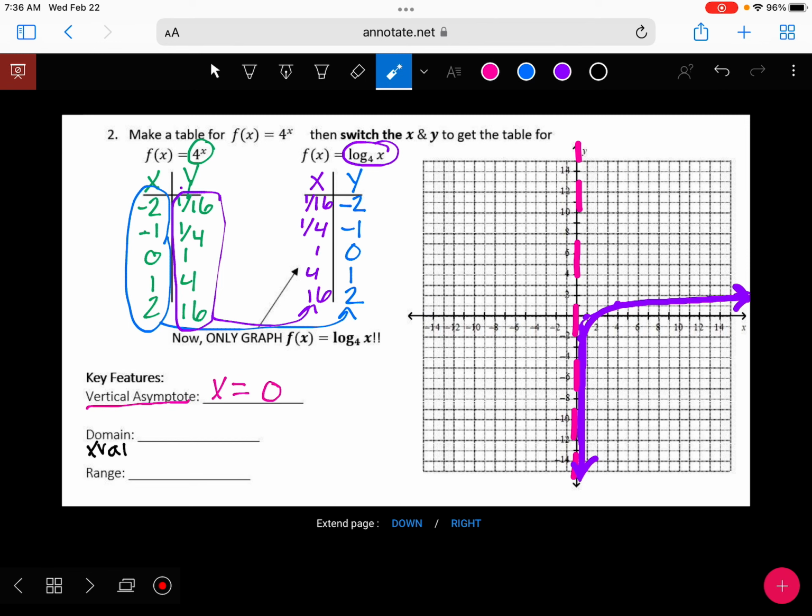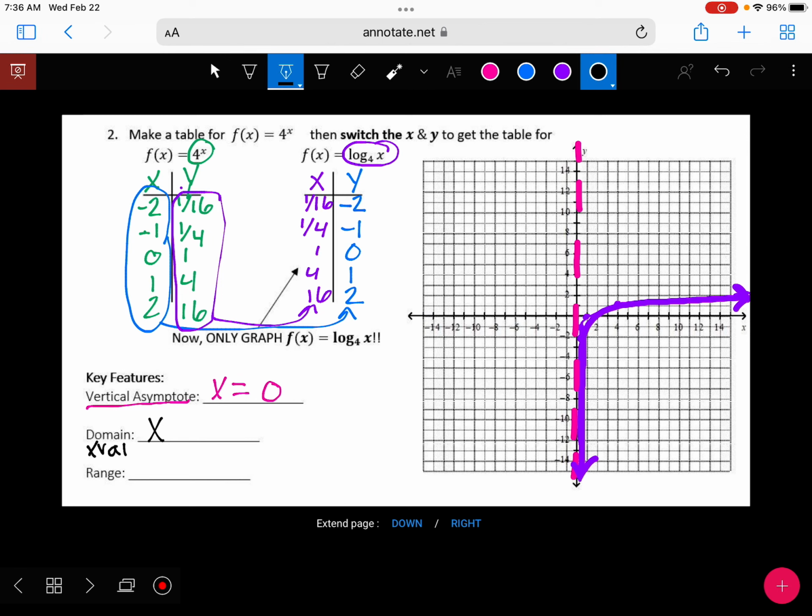How can I say everything over here? My x's have to be what? Or what's the smallest my x's can be? Can I have an x of 1? Can I have an x of 1/2? Can I have an x of 1/470,000th?